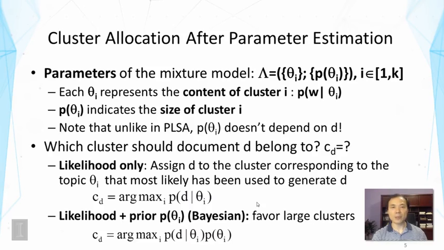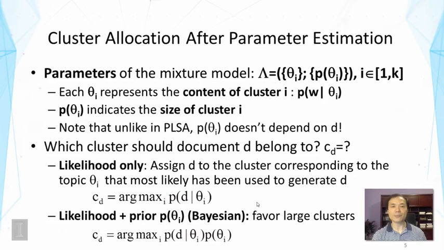But of course, given a particular document, we still have to infer which topic is more likely to generate the document. So in that sense, we can still have a document-dependent probability of clusters.